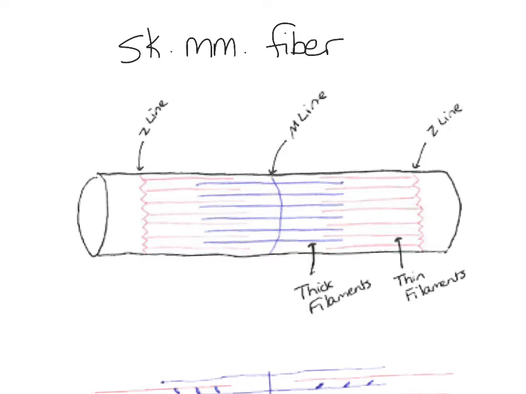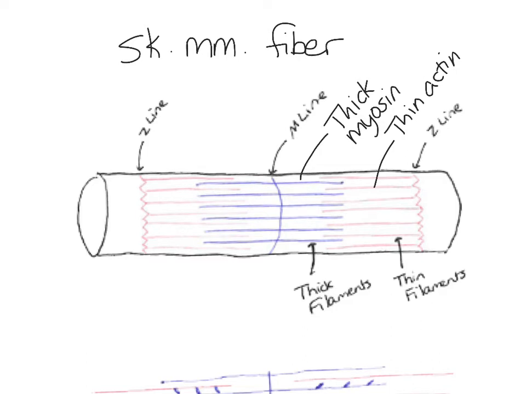And it's only a short segment of it. It's not like the entire thing. It's just a really short segment of it. And in here, I'm showing those blue lines and those red lines. And remember again that those blue lines are the thick filaments, or myosin, and those red lines are the thin filaments, or actin. Okay?